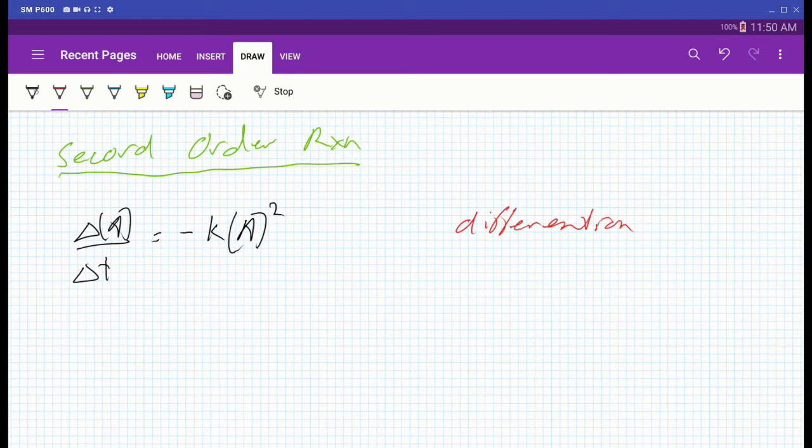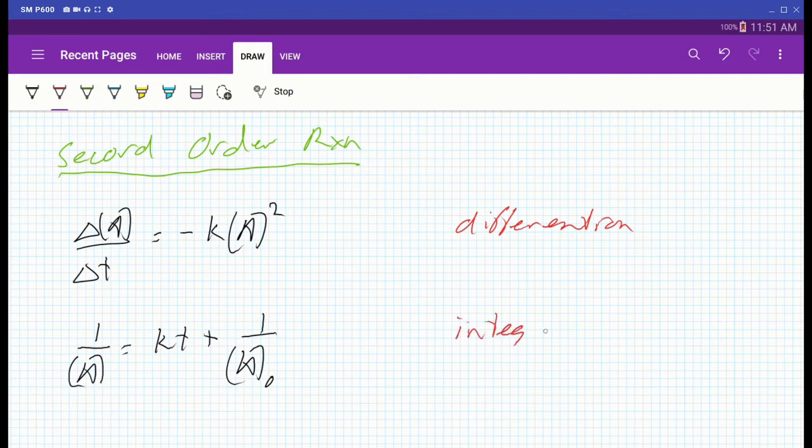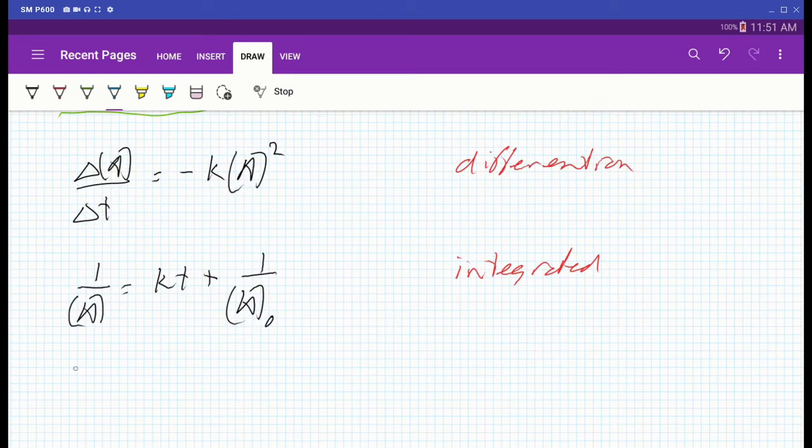The integrated version of that is 1 over the concentration is equal to kt plus 1 over the initial concentration. If you are taking calculus, it's on you to go through and do that, and that is the integrated rate equation. This, by the way, is also in a linear form, y = mx + b.